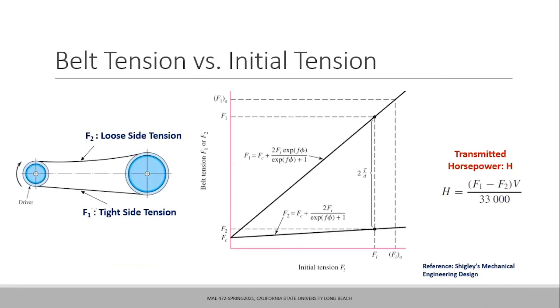Initial tension is the key here, and because of operation and service life, the belt keeps loosening. So you need some provision for increasing the tension or tightening the belt. When the belt gets loosened, you need to provide the right amount of initial tension, because otherwise the torque will not be transmitted and the desired efficiency will not be reached. That is why you need a proper initial tension in the system.